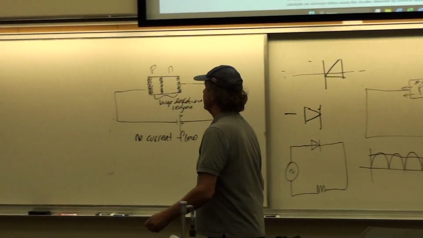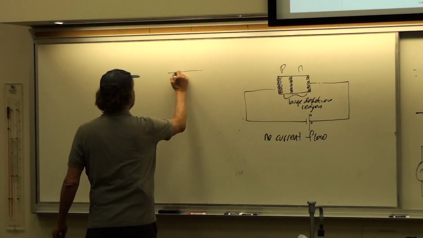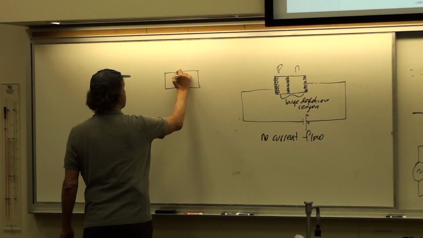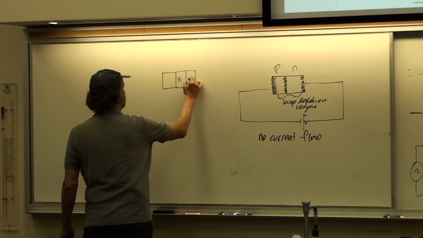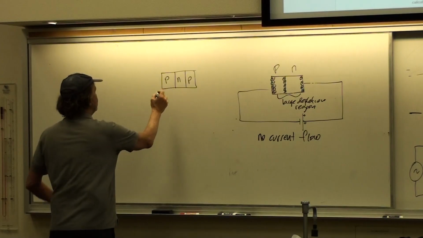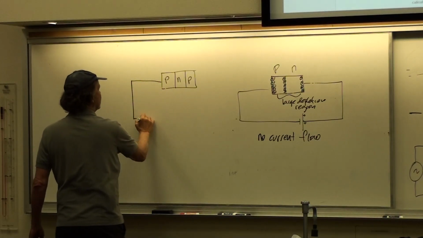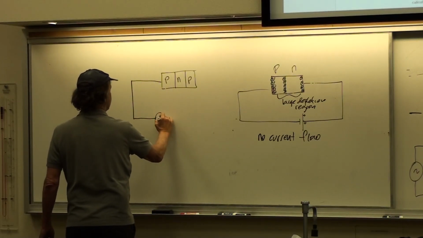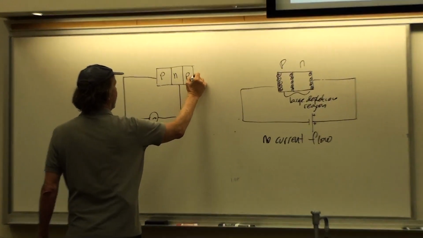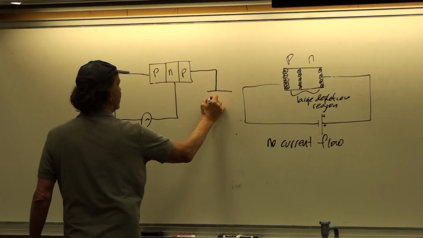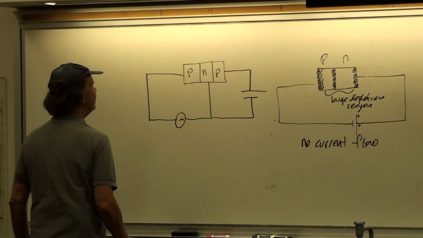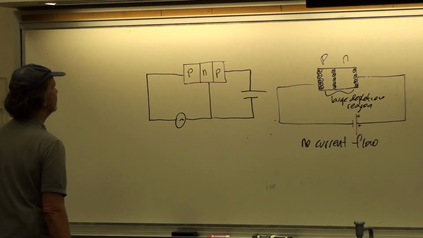And now a transistor is 2 diodes put back to back. So if you had, for example, a PNP transistor, put the 2 diodes back to back. Let's say you have a signal that's coming in like this, and then you've got some big battery in here that can amplify that signal. Okay.